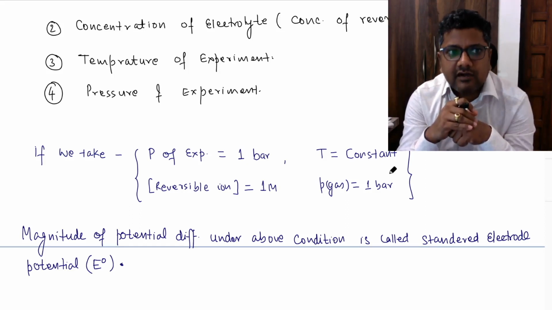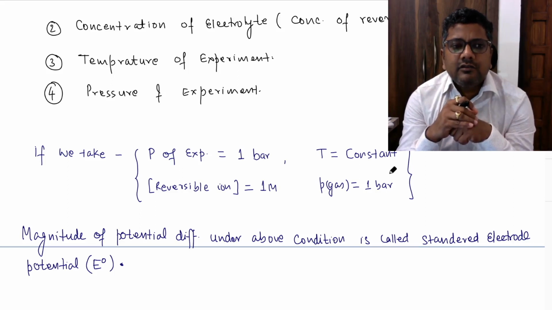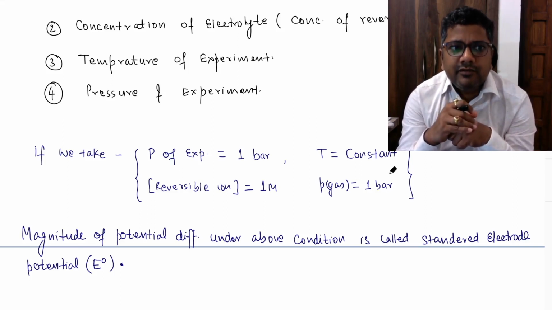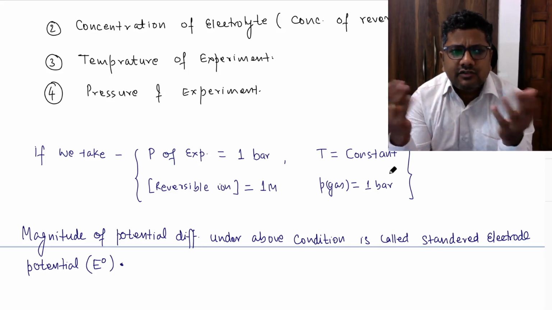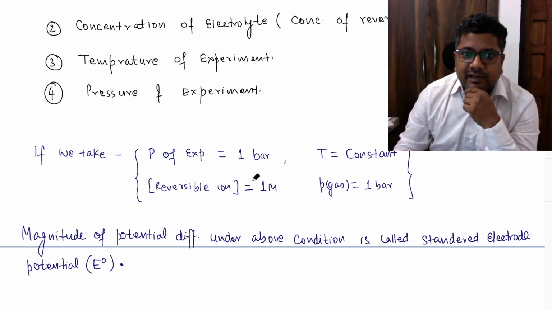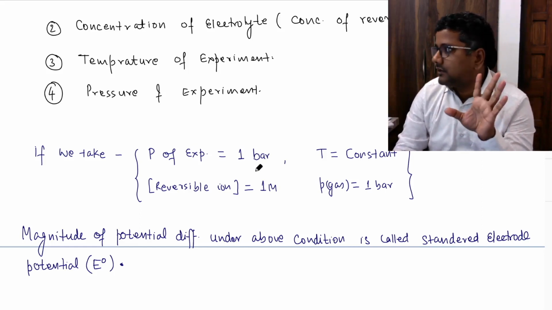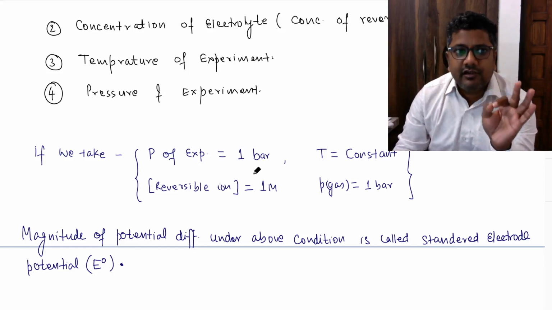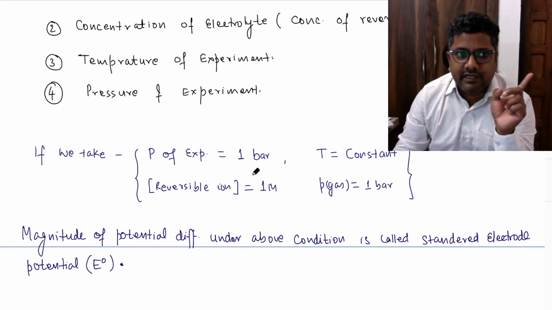Temperature should be constant. It could be 298 Kelvin, 300 Kelvin, or 500 Kelvin. You can choose yourself. The only requirement is pressure should be constant and 1 bar, for every standard thermodynamic function, whether it's delta G, delta H, delta S, or here E naught.